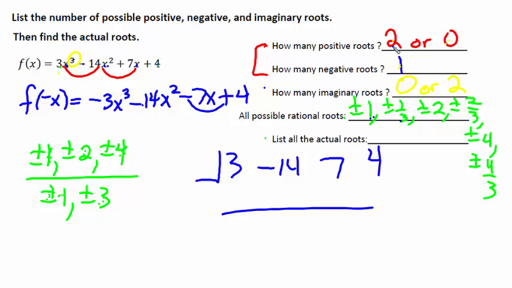Now, I could have two positive roots. I might not have any. I definitely got a negative root. I'm going to gamble on positive 1. I'm going to try positive 1. We'll see if we get a 0 at the end.